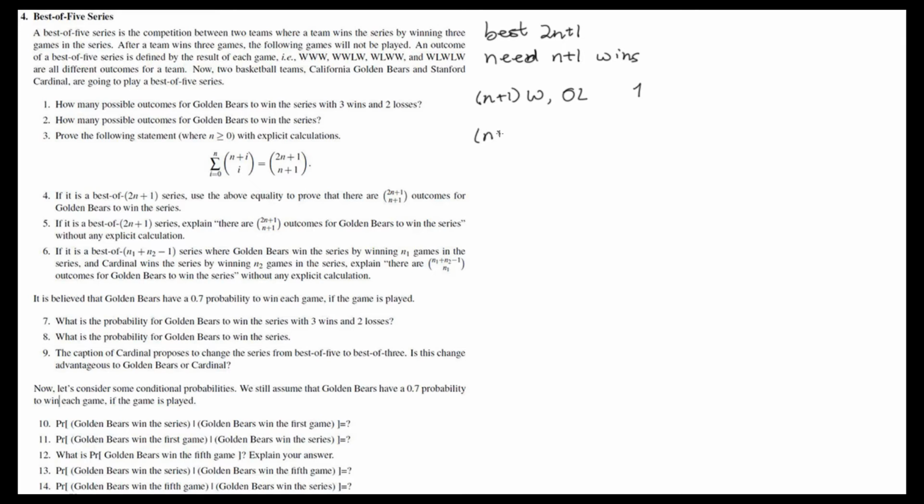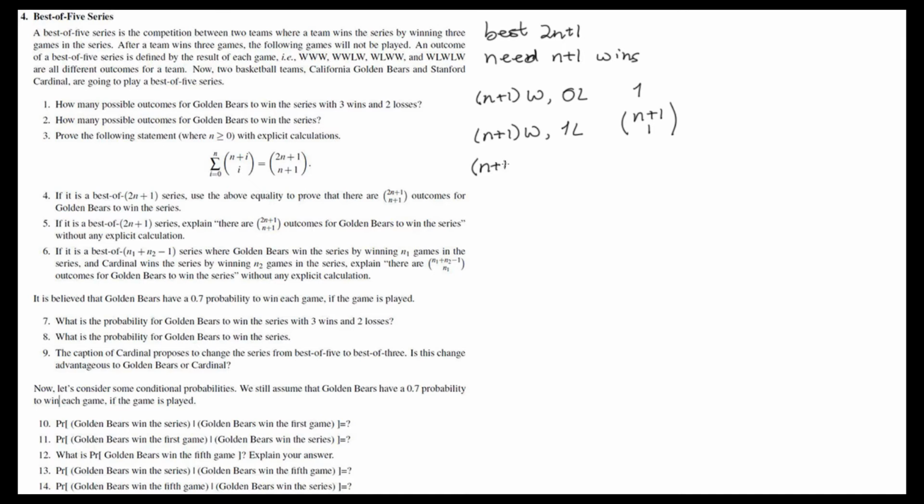We could also have n+1 wins and 1 loss. In this case, there are n+1 choose 1 events. Remember that although they'll play n+2 games, the last game has to be a win. So that's why we have n+1 choose 1.